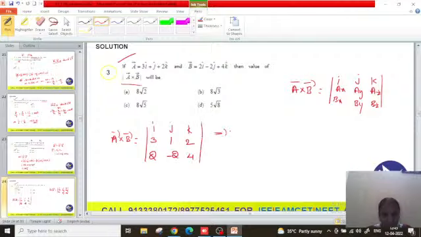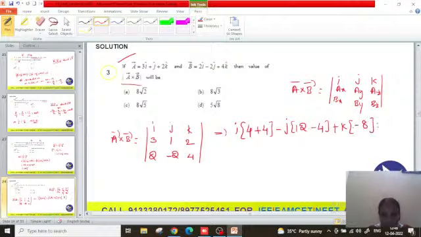So the determinant value is i into 4 plus 4, minus j into 12 minus 4, plus k into minus 6 minus 2. It becomes minus 8.